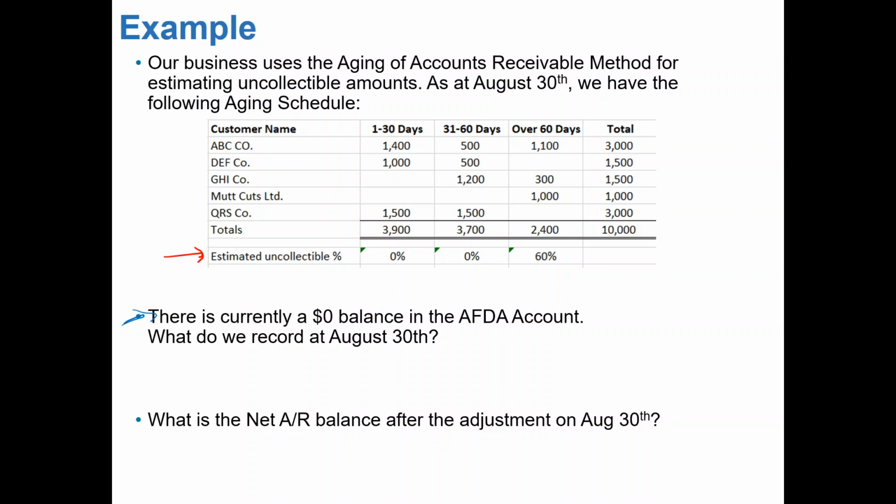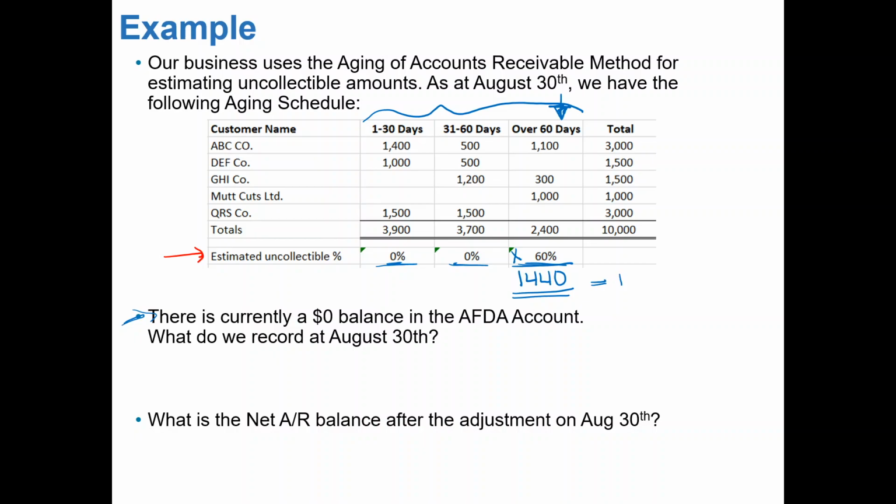So aging of AR, we look at each age and we apply these different percentages. The only time we think that we won't collect some is once it gets to be over 60 days. So we've got this $2,400 balance in that age. If we times it by 60%, we end up with 1,440 as our uncollectible amount.